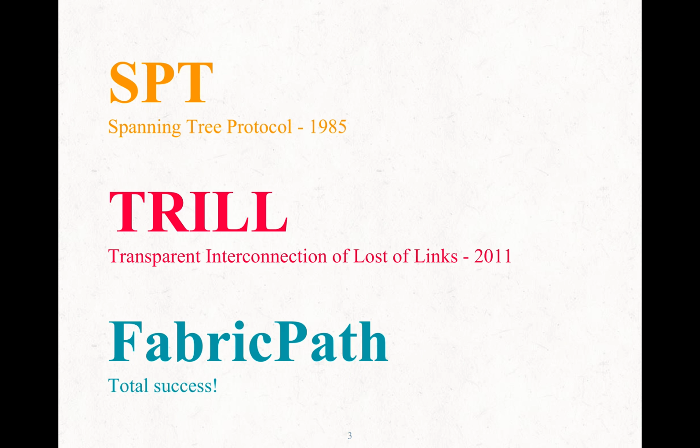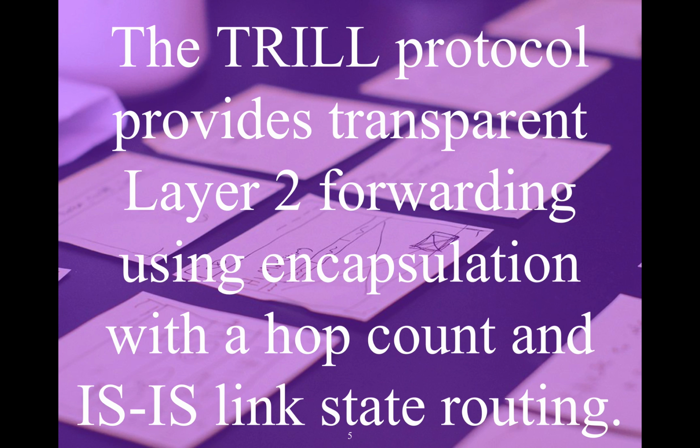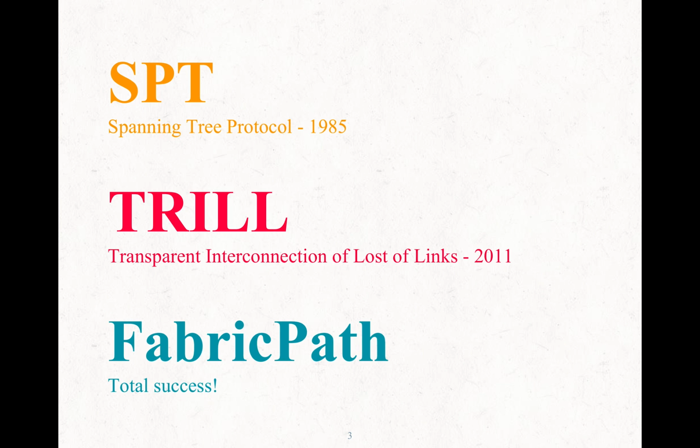The TRILL protocol provides transparent layer 2 forwarding using encapsulation with a hop count and IS-IS link state routing. That is an IETF specification that enables multipathing in the data center. And FabricPath is simply the Cisco proprietary version of TRILL.